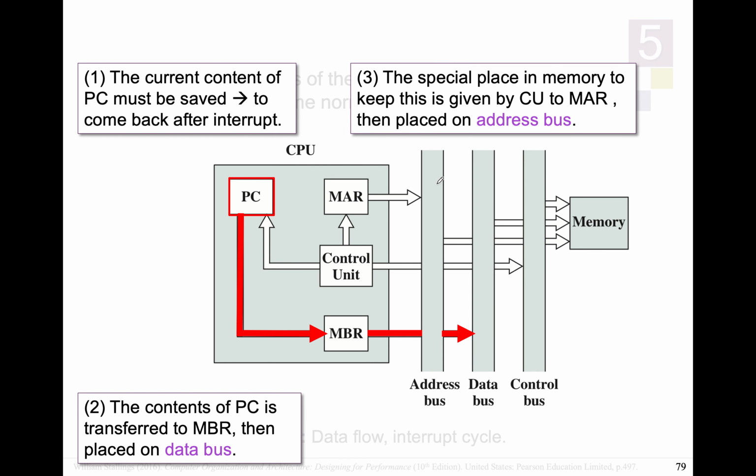And third, the special place in memory to keep this is given by the CU, which is your control unit, to the MAR. Then it is placed on the address bus. What happens is the control unit will interrupt and also give an instruction to your MAR. Then the value or the file that you are interrupting will be placed onto your address bus.